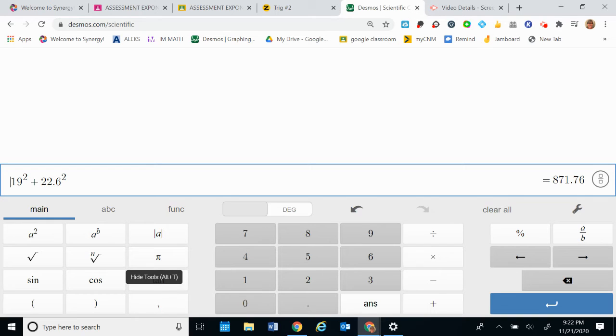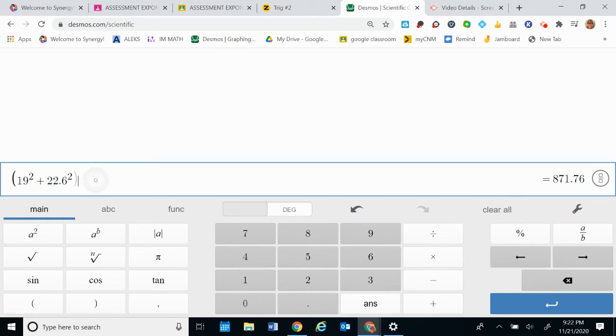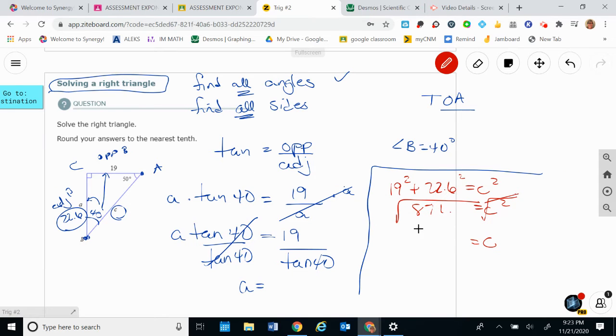If you remember, the square root is to the power of 1/2, to the 0.5. It's 29.5, but you can just enter it into your calculator. I just like doing that because I can. Boom. So c is going to be equal to 29.5, and I have now solved this triangle.